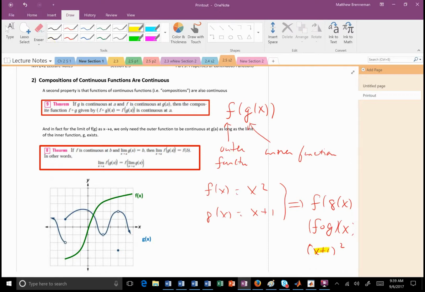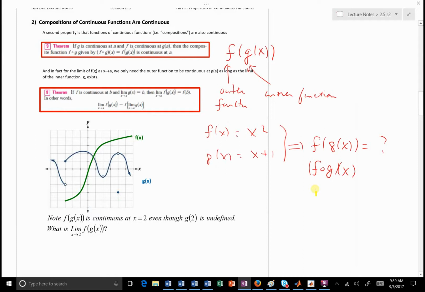If I want to be a little more careful, let me rewrite this, just to be a little more thorough. I'm going to write it as g of x squared. This is what f of g of x is, right? And what is g of x? x plus 1 squared. So, wrap our mind around that.